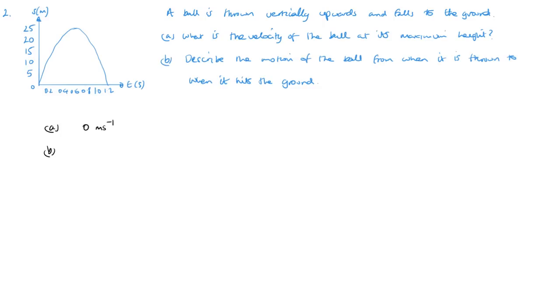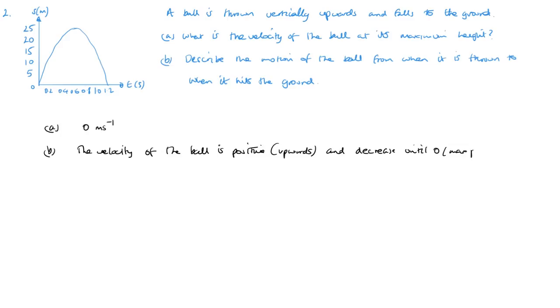So the velocity of the ball is positive, if we do that first, which is the upwards direction, okay, and decreases until 0, and that's at its max point.